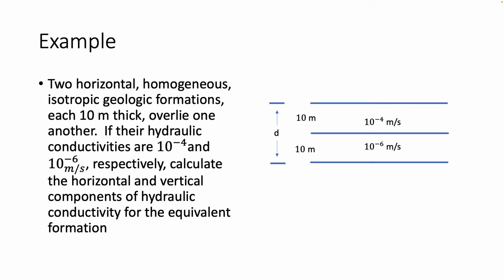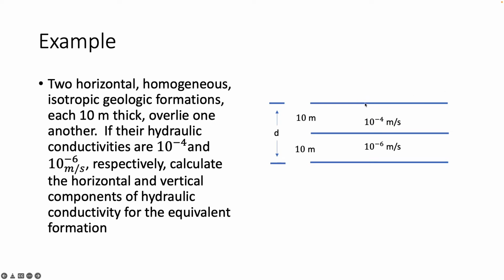Okay, so let's take a look at an example. In this case, we have two homogeneous isotropic geological formations. If you're not familiar with those terms, hopefully you are. Homogeneous basically means if you pick any spot anywhere in this formation, it's going to be equivalent. There's no difference between different spots. Isotropic means there's no difference in direction, so vertical or horizontal doesn't matter.